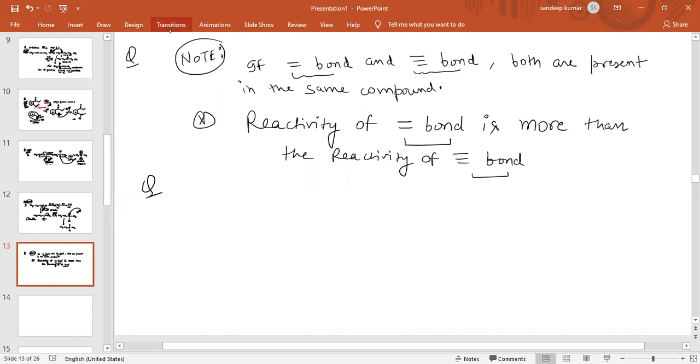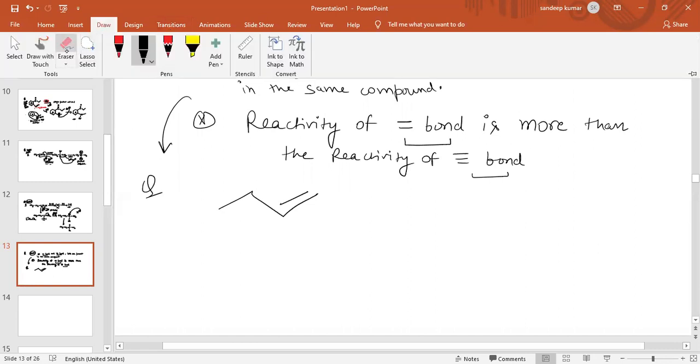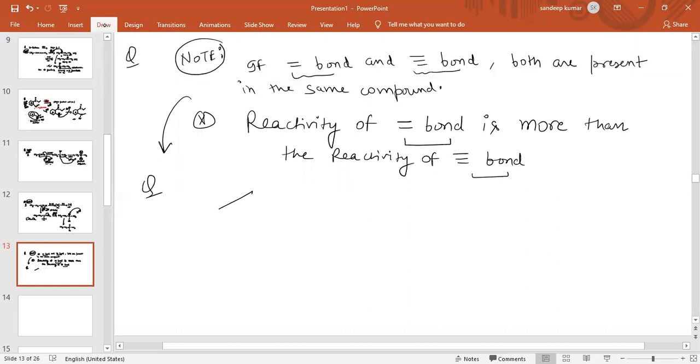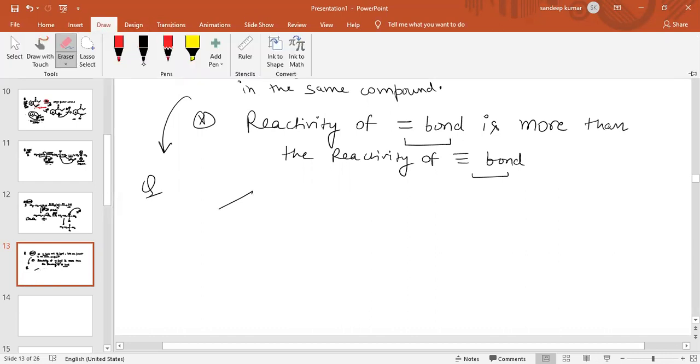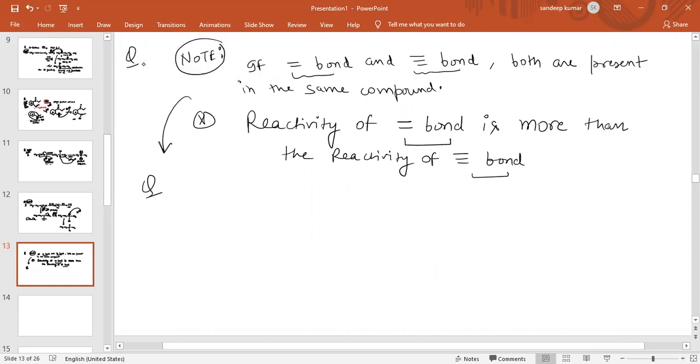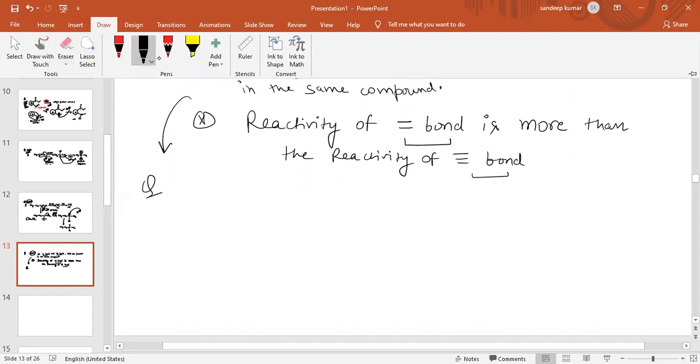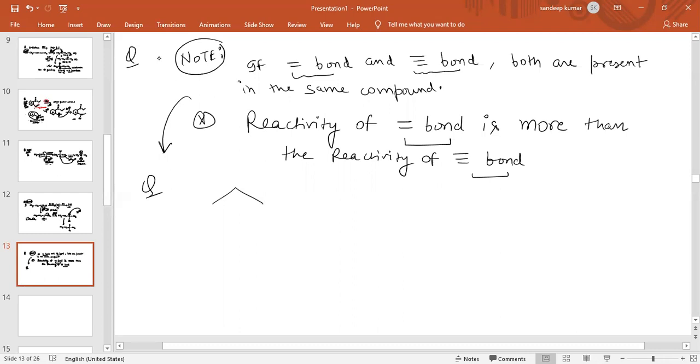Now I am giving you a question related to this topic. It is like this. There it is a triple bond and there it is a double bond.